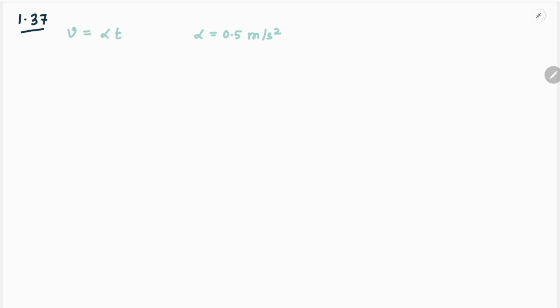It is asking us to find the total acceleration when it has covered the nth fraction of the circle, where n is equal to 0.10.